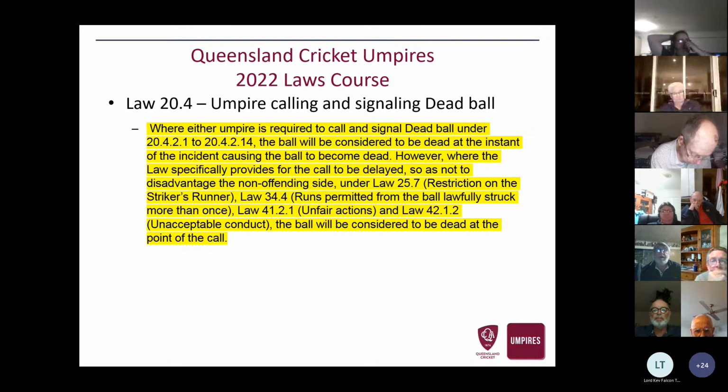So 20.4 talks to when either umpire is required to call and signal dead ball under the law, the ball is considered to be dead at the instant of the incident causing the ball to become dead. However, where the law specifically provides for a call to be delayed, so as to not disadvantage the non-offending side, i.e. restrictions on the striker's runner, runs permitted from balls lawfully struck more than once, unfair actions, unacceptable conduct, the ball will be considered to be dead at that point of the call.